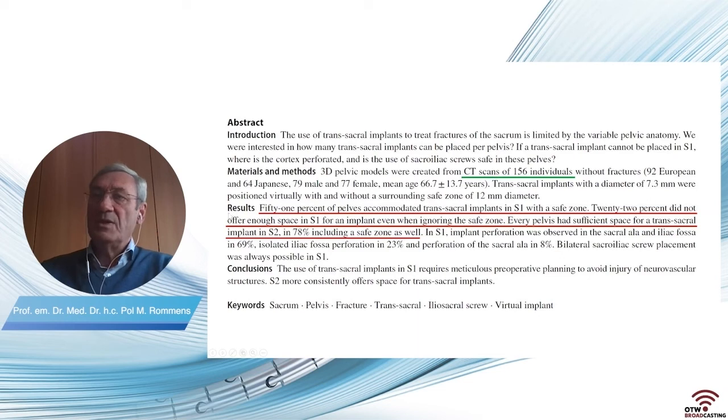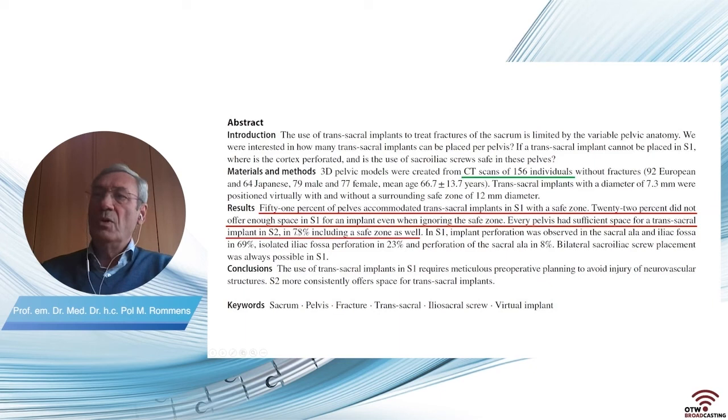You see here the results, which are very striking. 51% of the pelvis accommodated a transsacral implant with a safe zone above, below, in front and back of the implant. 22% did not offer enough space in S1 for an implant, even when ignoring the safe zone.